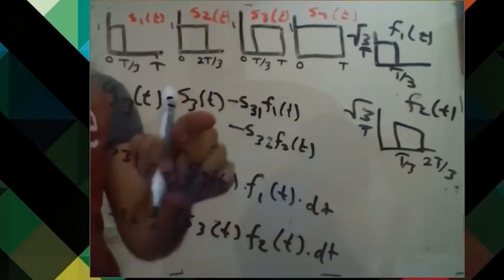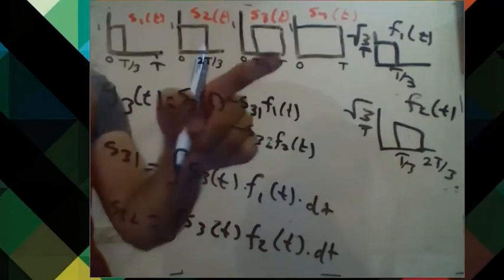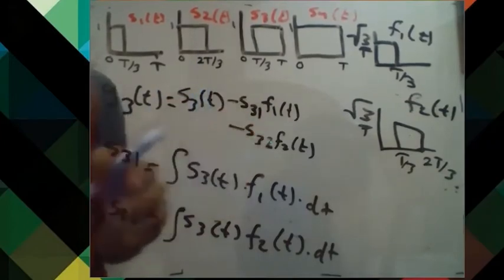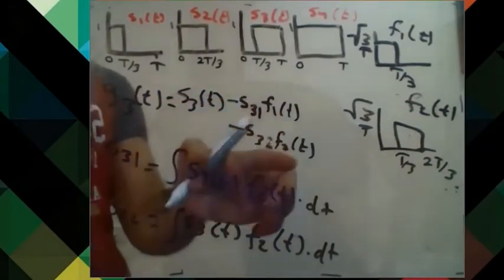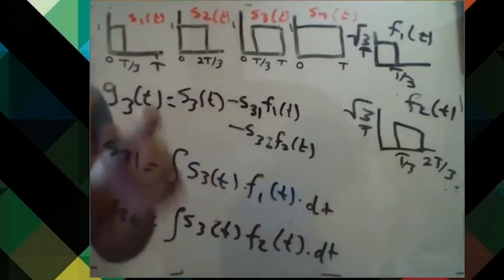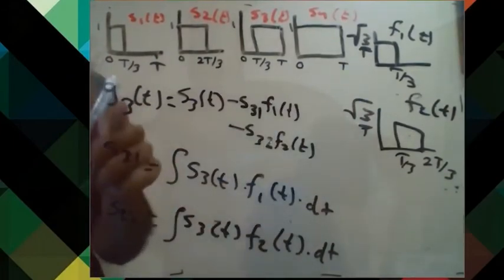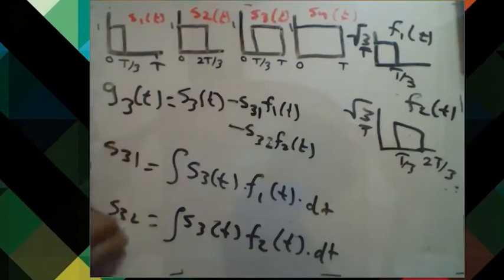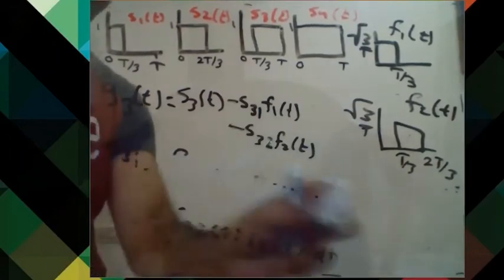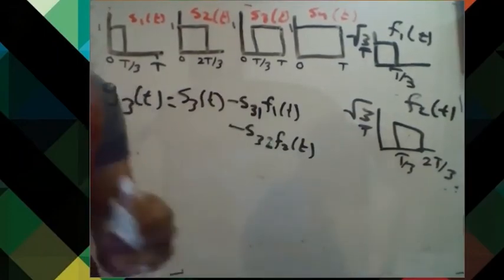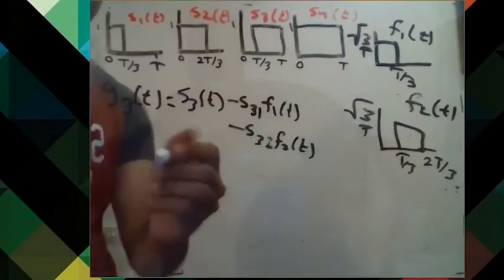So now I have s3 over here, I have s31 and s32 from here, and f1 and f2 are already given. So I will draw and sketch this function as g3, and g3 will be orthogonal to f1 and f2. Then what will I do?